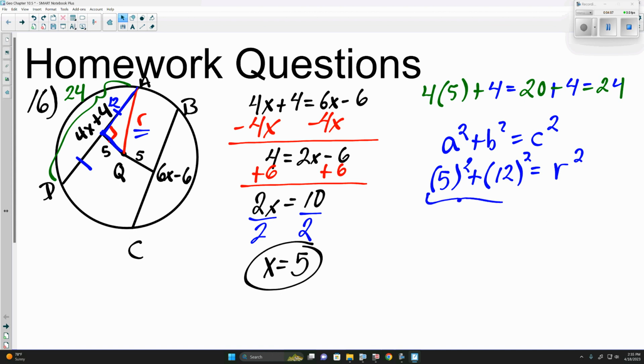Now at this point here, we can do 5 squared plus 12 squared in a calculator, and it'll give us 169. Now from here, we can take square root of both sides, telling us R is 13.